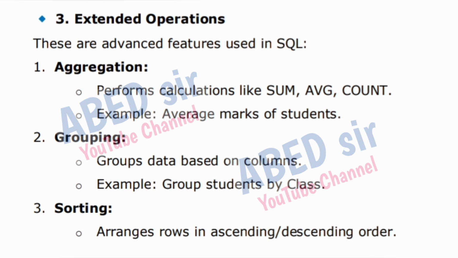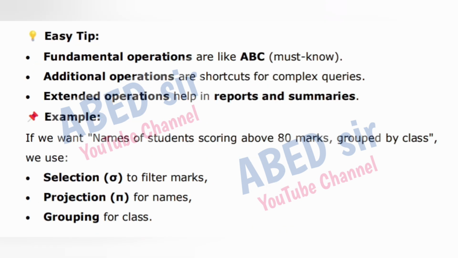Example: group students by class. 3. Sorting. Arranges rows in ascending or descending order. Easy tip: fundamental operations are like ABC, must know. Additional operations are shortcuts for complex queries. Extended operations help in reports and summaries.